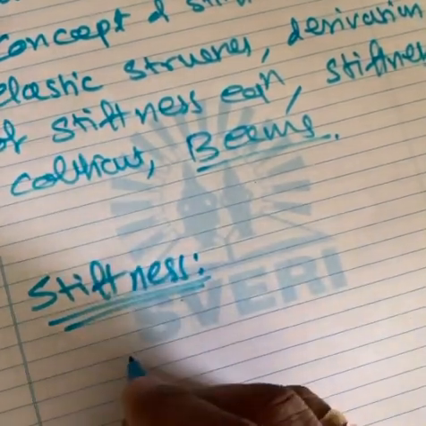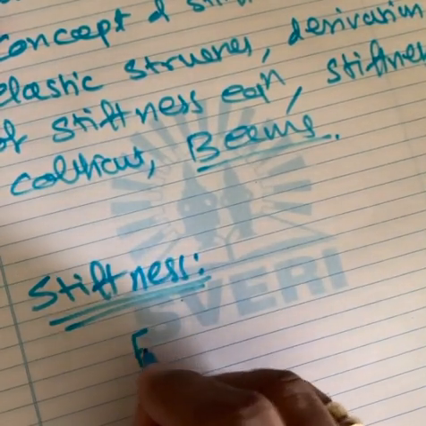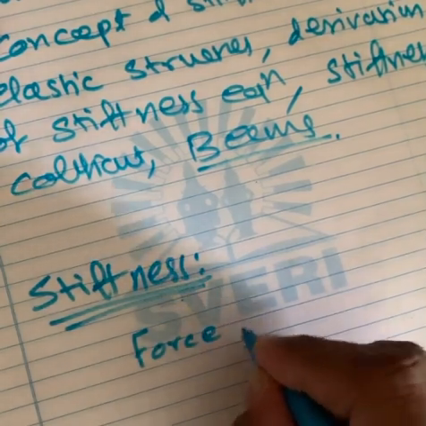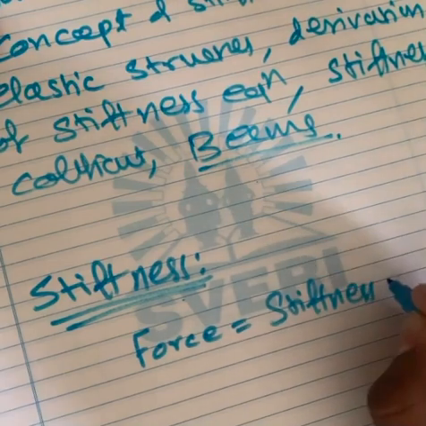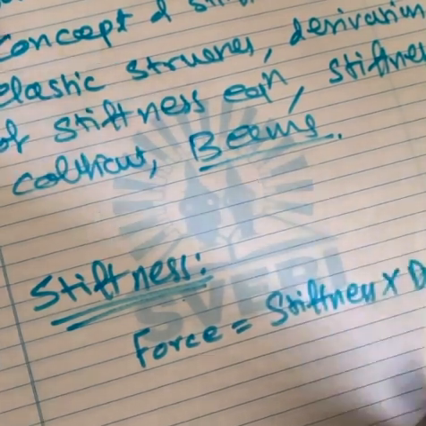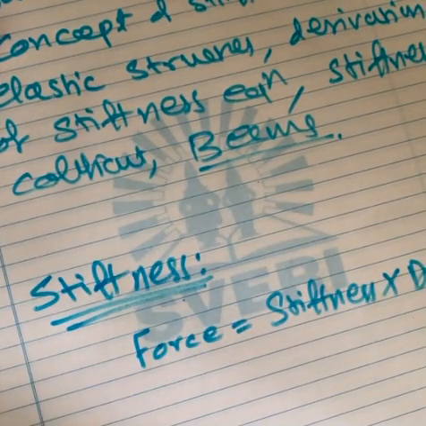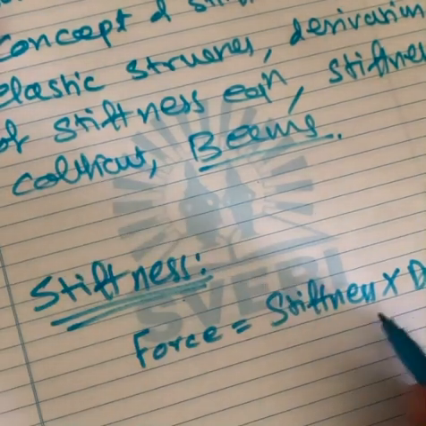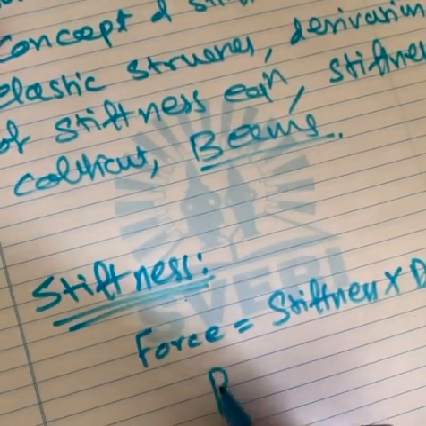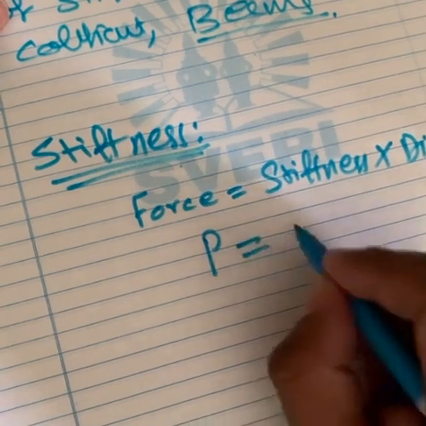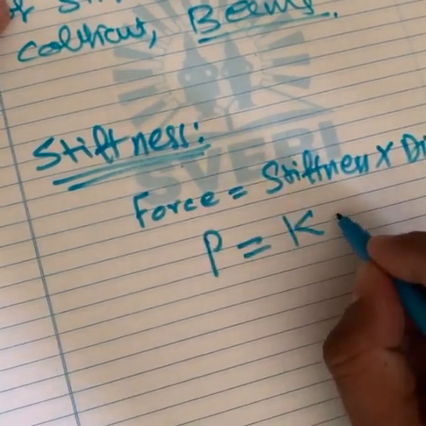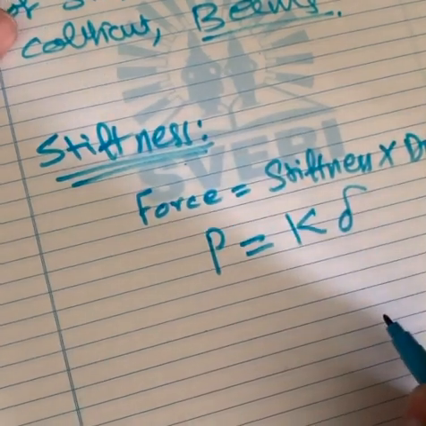If you have seen in static analysis, force is equal to stiffness into displacement. In notation, P is force, K is stiffness, and delta is displacement.